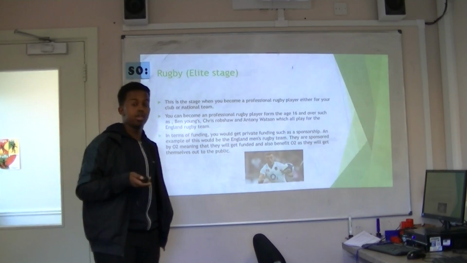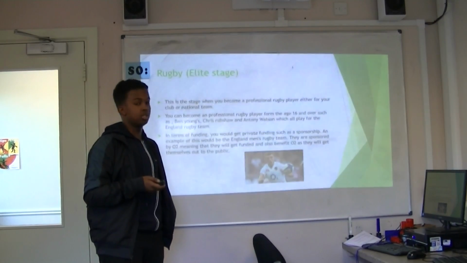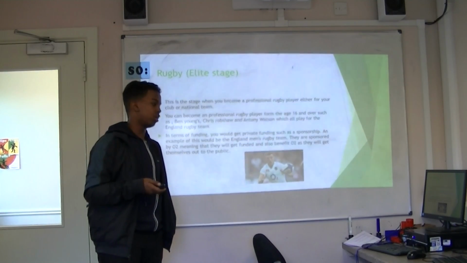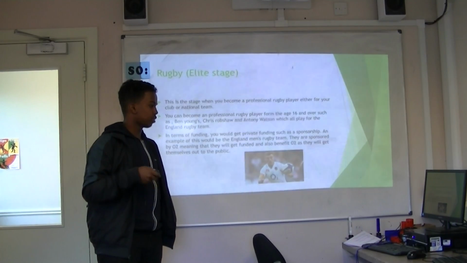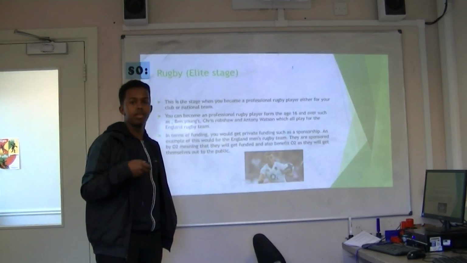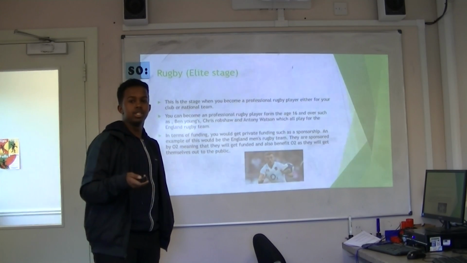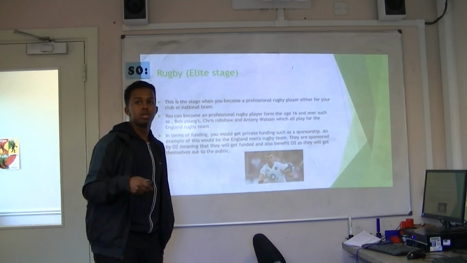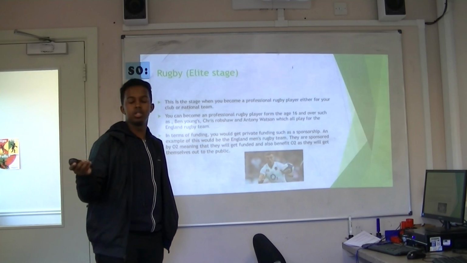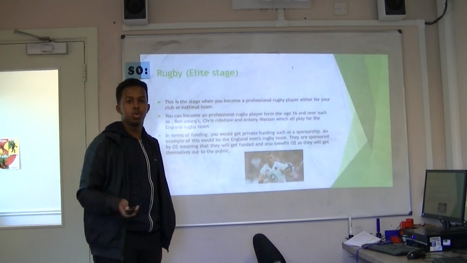And in terms of funding, the England rugby team are funded by O2, meaning that O2 will get the benefit out of it, as they will get their business out there, and the England national team would get the money to spend on, let's say, new kits or new equipment.